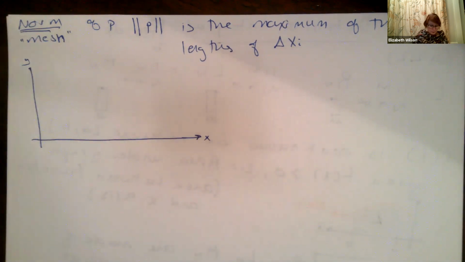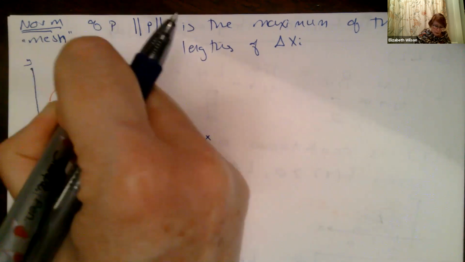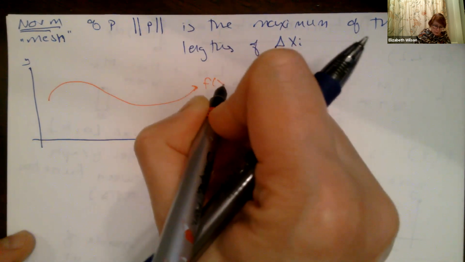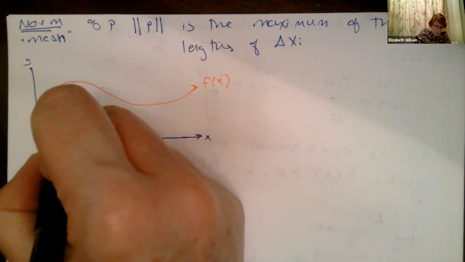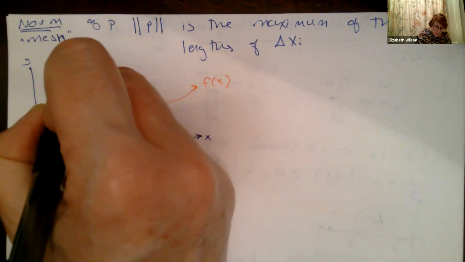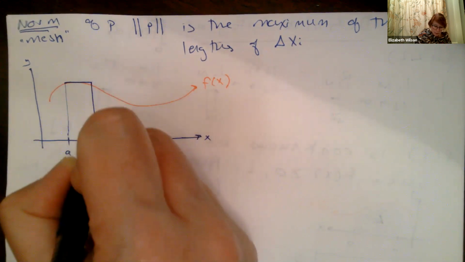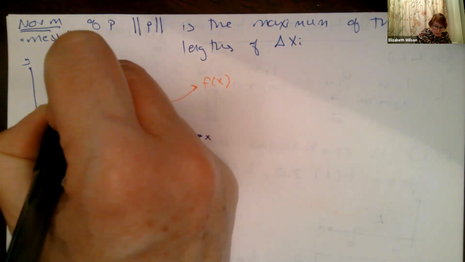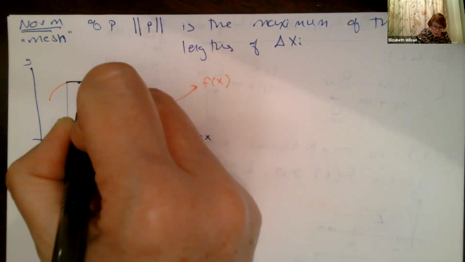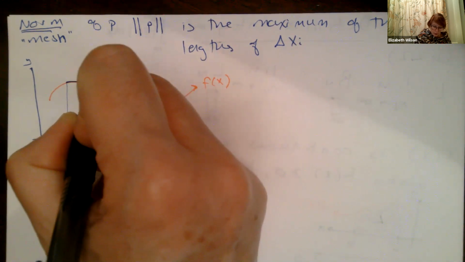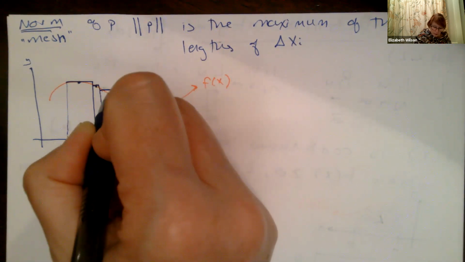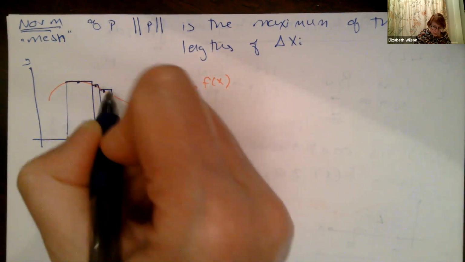So here's x, here's y, here's my function. I'm going to start at a and make this my delta x, and I'm going to really exaggerate it. Here's another delta x. I'll choose a point here. Here's another delta x. I'll choose a point there.